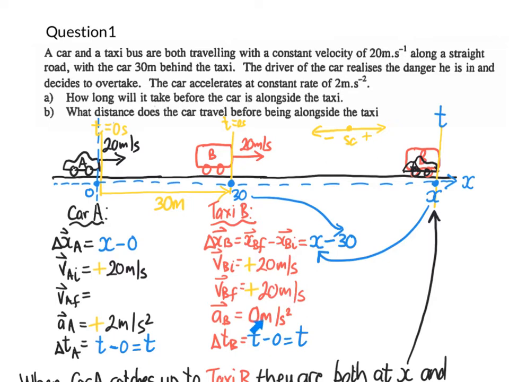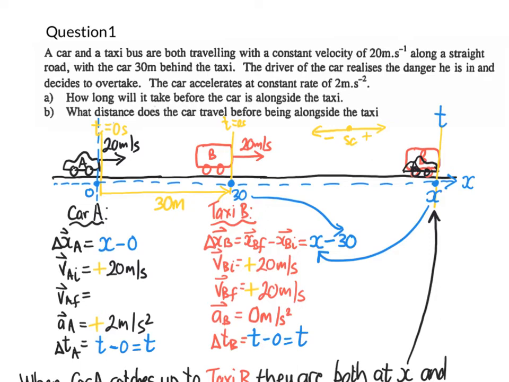Therefore its acceleration is 0, because it hasn't changed its velocity. And the time interval we're going to define as where the two vehicles are next to each other, because remember, the car is going to overtake the truck, it's not going to crash into the truck. That unknown time minus t equals 0 for each of these vehicles is going to be the time interval for those vehicles.